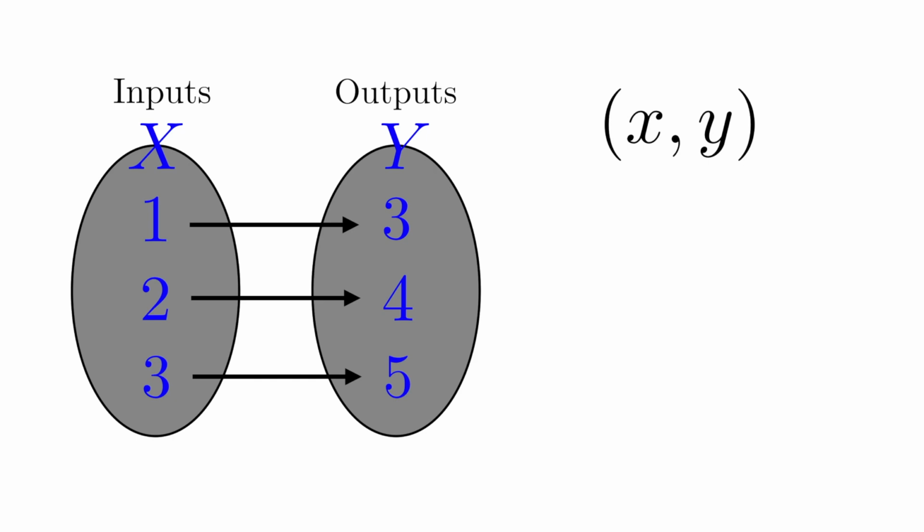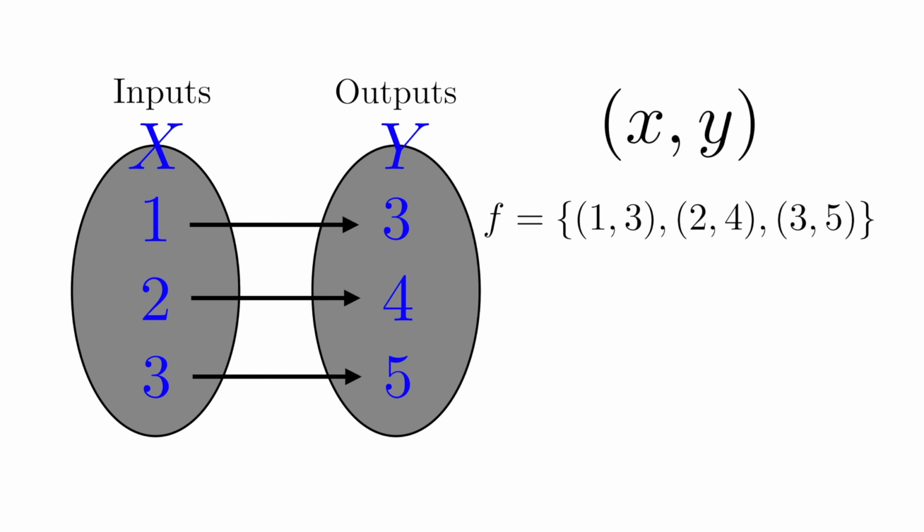So for this function, we could write the input-output pairs, or the ordered pairs, as a set. So this random function, from its mapping diagram, has the following set of ordered pairs. 1 is paired with 3, 2 with 4, 3 with 5. You notice, input is the x value, output is the y value, and they're paired through their mapping, and they're paired together.